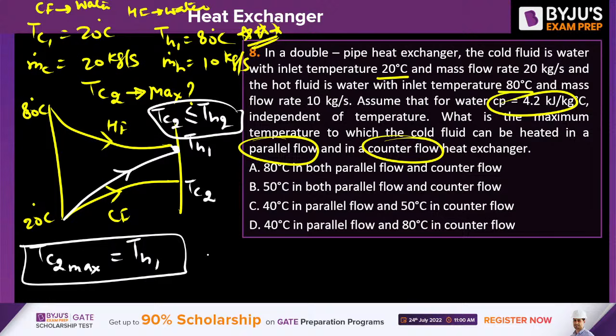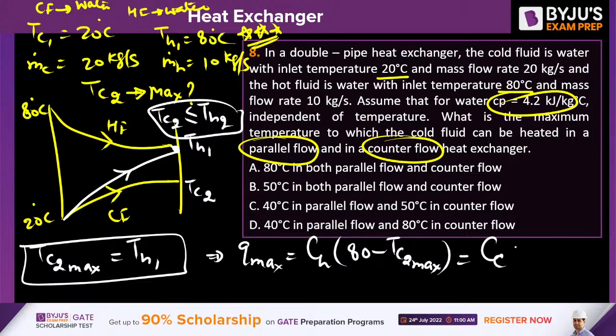If we write the energy conservation, that will give you Q maximum. So Q maximum is equal to CH into delta TH. So 80 minus TC2 maximum, that is TH1, is equal to CC into TC2 maximum minus TC1. What is TC1?